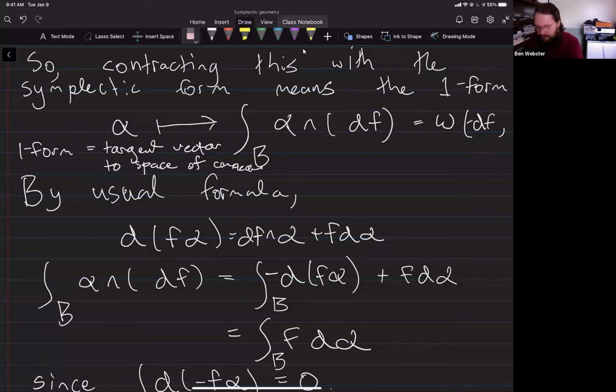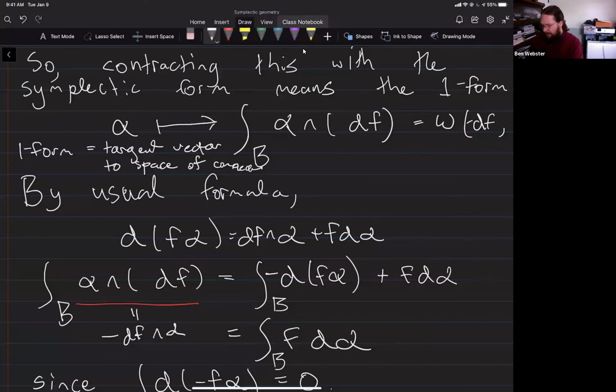Similarly here, I always forget that you can't see if I point. These guys are in the wrong order compared to the function I have above. So this is really minus df wedge alpha. All right.